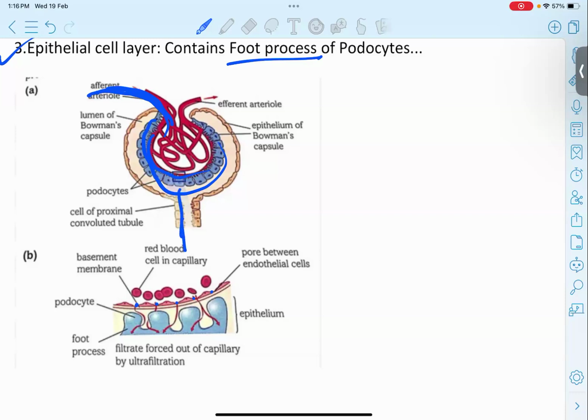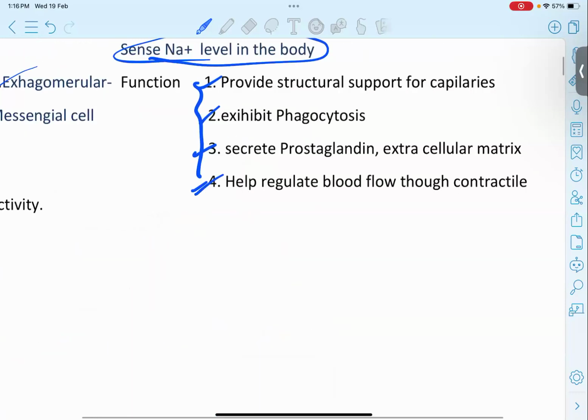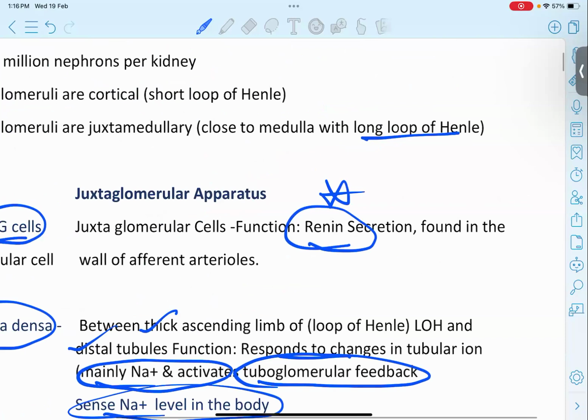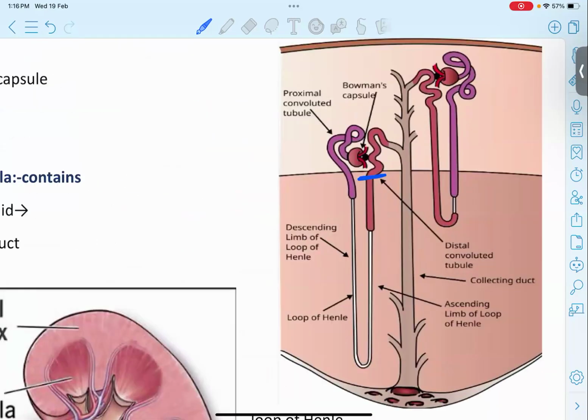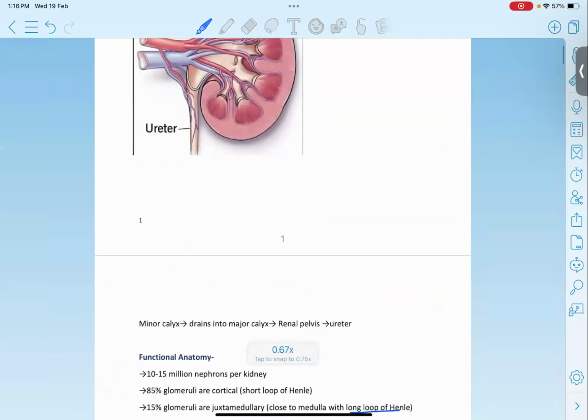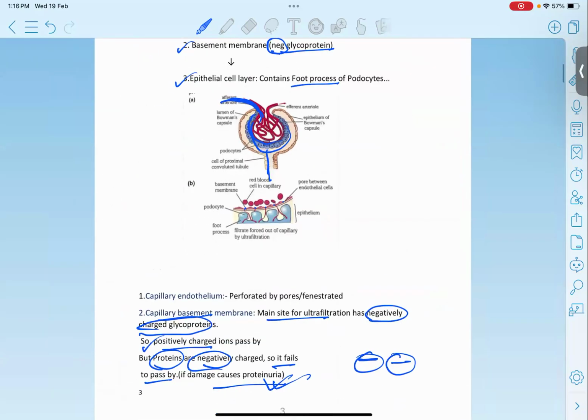It will enter into the PCT, then the loop, then the DCT, then the collecting tubule, and then it will end into the efferent arteriole. So this is how it works.